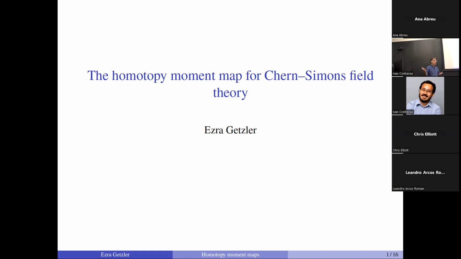The test example is going to be a classical field theory, Chern-Simons field theory. That seems to be everybody's test theory for classical field theory problems. And classical field theory is not exactly symplectic geometry. That's part of the point. So this is a more modern version of Emmy Noether's approach to classical field theory.